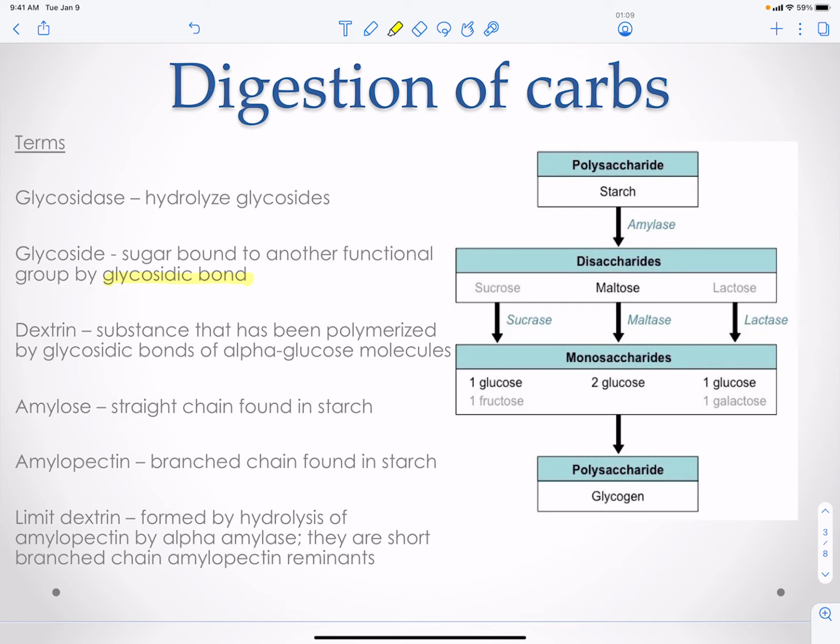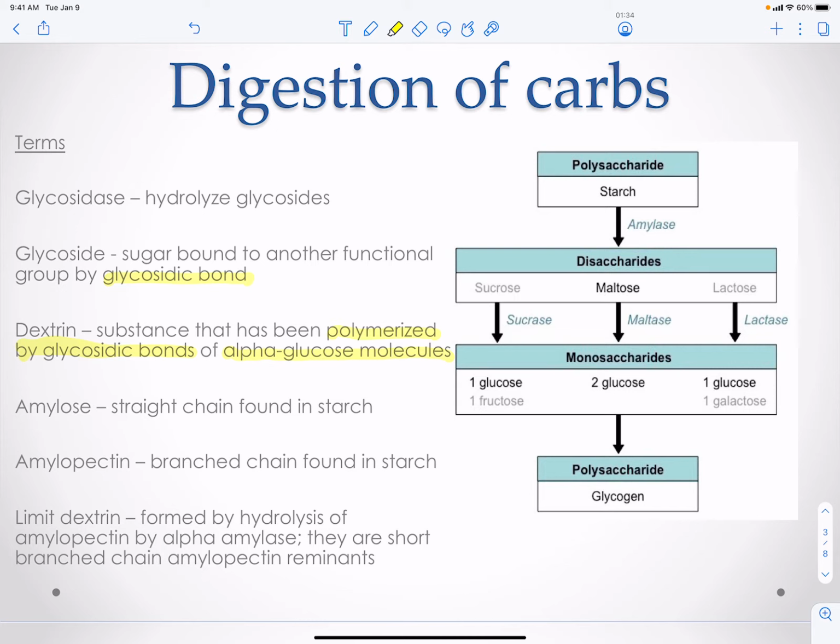And then we also have something called a dextrin. A dextrin is a substance polymerized by glycosidic bonds, made up of alpha glucose molecules. So dextrins are basically our starches, our polymers of glucose with the glycosidic bonds that our enzymes can break down.